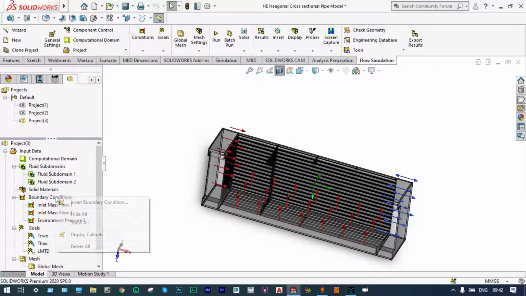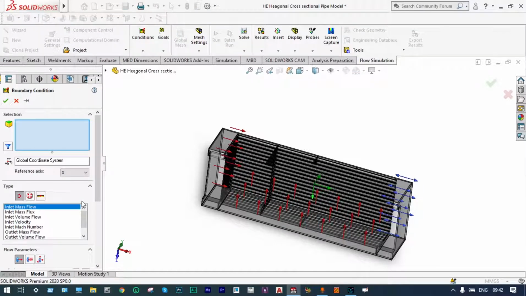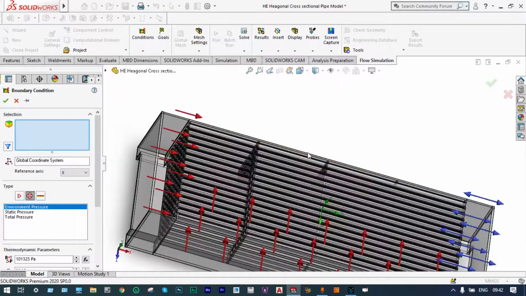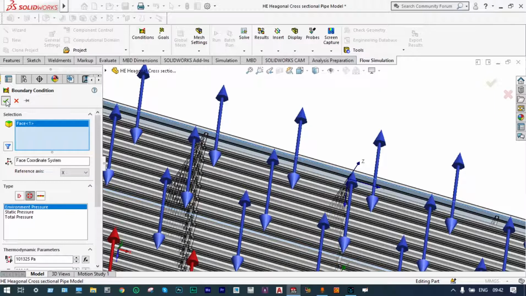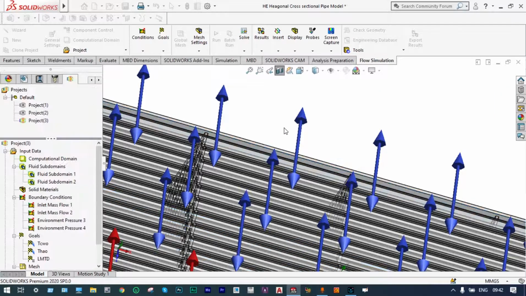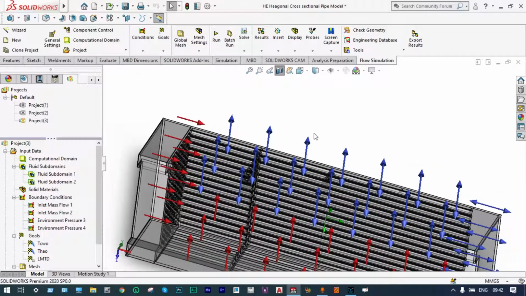So insert boundary condition. It will be atmospheric pressure again. At the exit of hot air, let us select that location. Done. So all the boundary conditions have been applied properly.